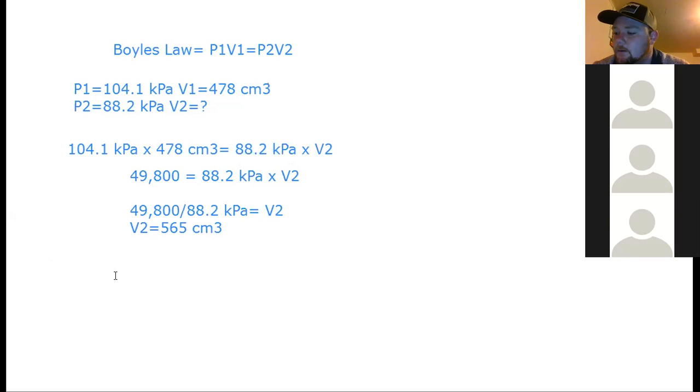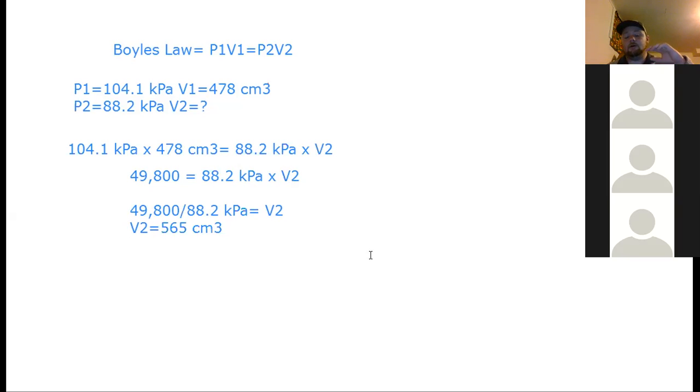Are there any questions about anything? Are we good with Boyle's law? Basically, if you have your original P1 and your V1, if P2 is bigger than P1, then V2 will be smaller than V1, and vice versa.